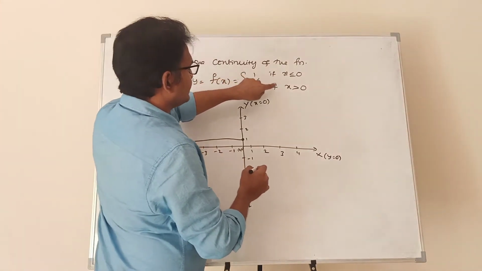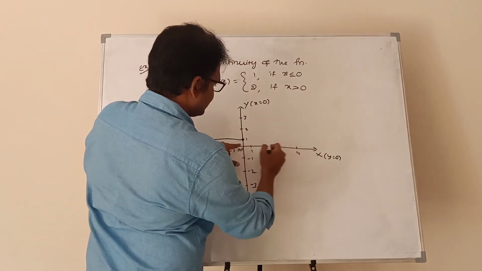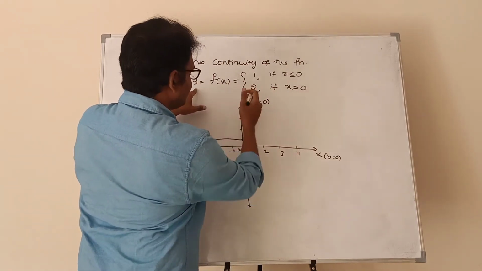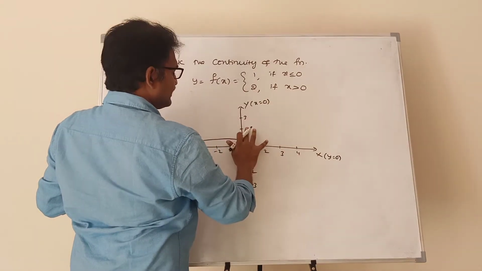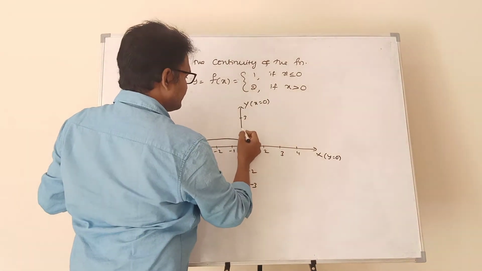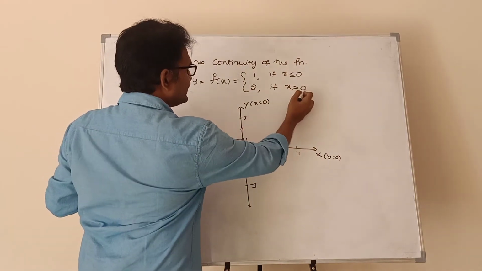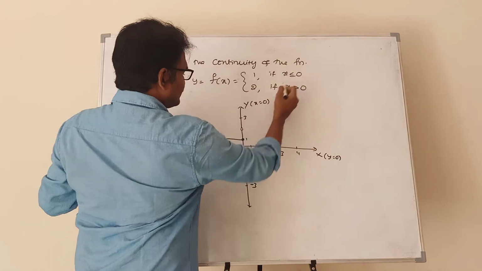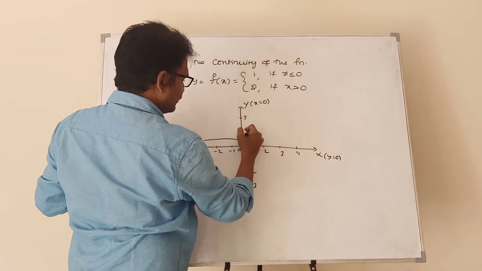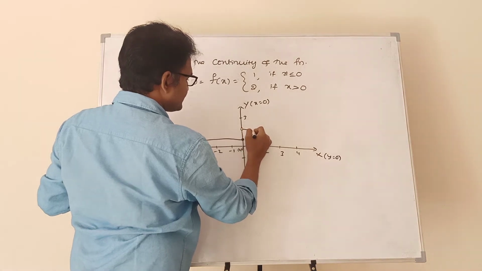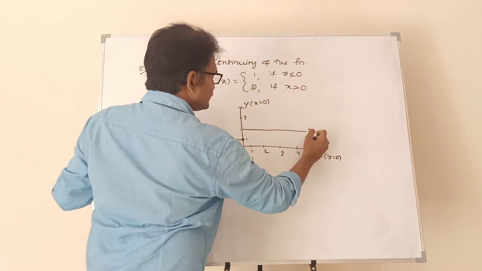Next, if x is greater than 0, the x value is positive, that means the right side, then the y value is 2. It is greater than 0, not greater than or equal to 0, that's why x equal to 0 is excluded, so I am drawing an open bubble like this. Take a hole like this and draw the graph. y is equal to 2.